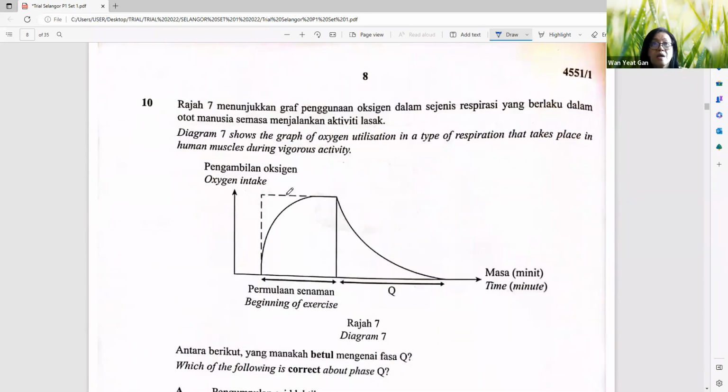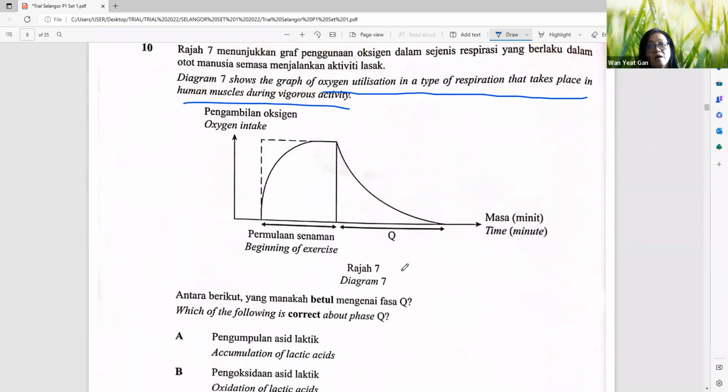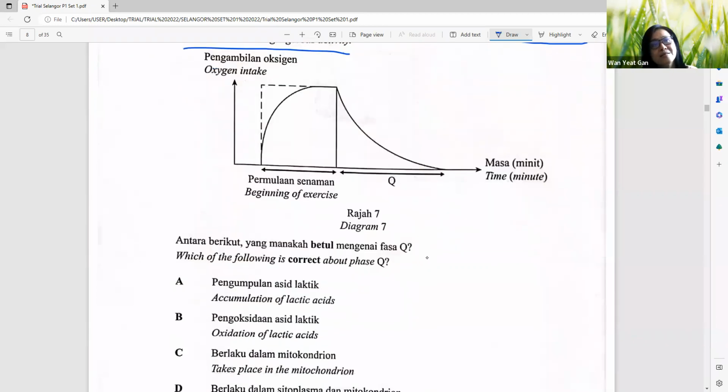Question 10. Diagram 7 shows the graph of oxygen utilization in the type of respiration that takes place in human muscle during vigorous activity. Which of the following is correct about phase Q? This is the part where the person is exercising.